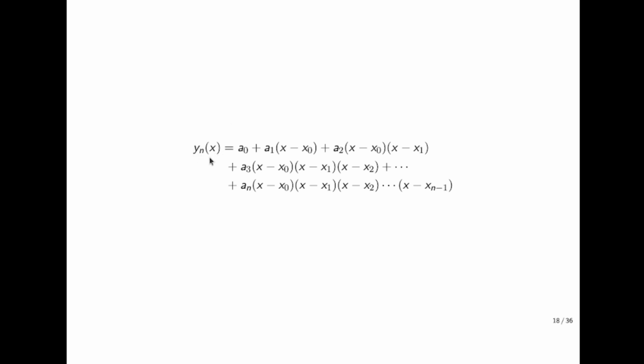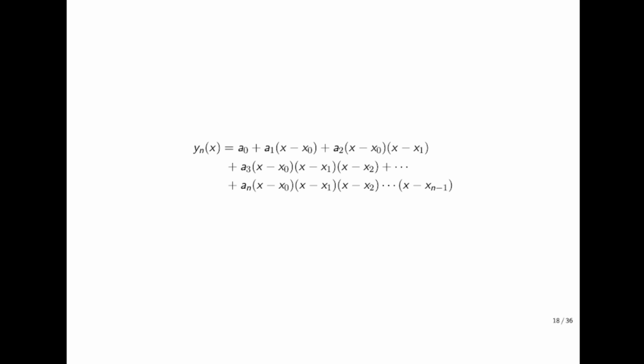The left hand side is left with y2, and the right hand side is a0 plus a1 times (x2 minus x0) plus a2 times (x2 minus x0)(x2 minus x1), and all other terms are 0. Again, we will use a0 is y0 and a1 is (y1 minus y0) by (x1 minus x0), and using some simplification you will get a2 as delta square y0 divided by 2 factorial h square.